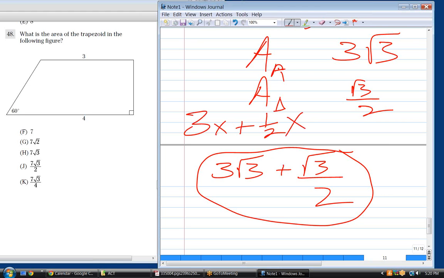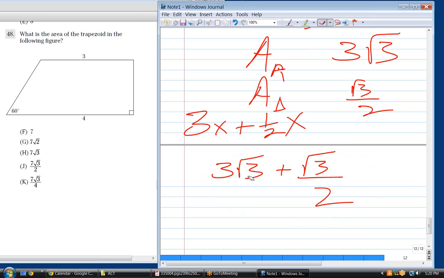So it's 3.5 root 3, or 7 over 2 root 3. So it's not that it's really terribly difficult to add these two irrational numbers together, but what throws a lot of people off is this division by 2 instead of putting that as a coefficient in front like that. In other words, if you write it this way, it becomes a little clearer that that's 3.5 root 3.